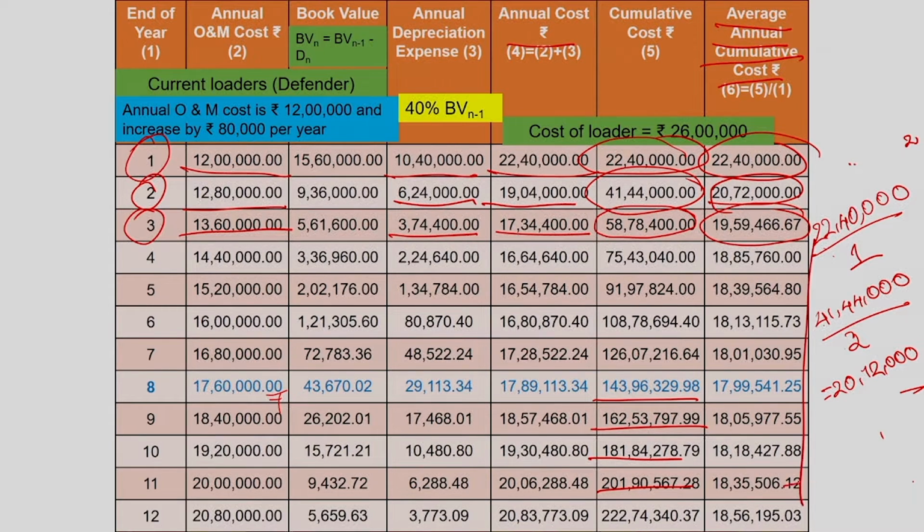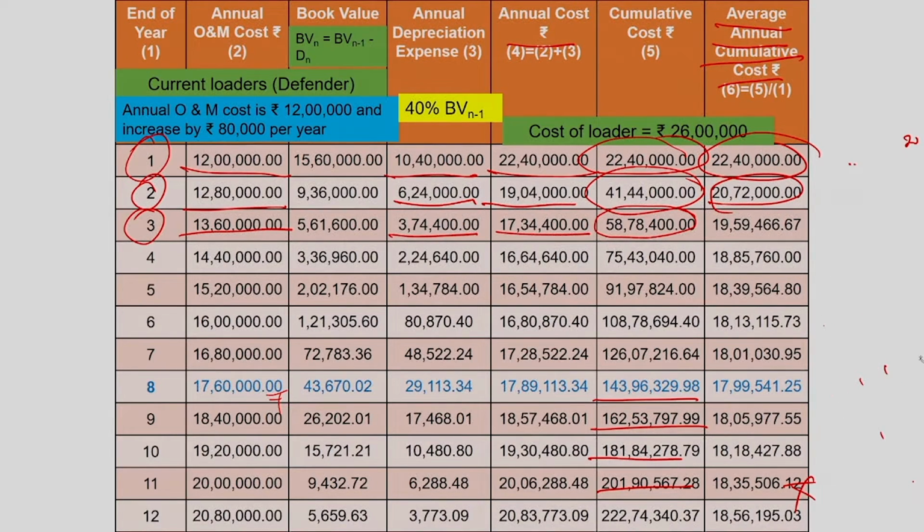So like that you keep calculating. As I told you, we are doing it on a cumulative basis. So if you are holding this Defender machine with you for 3 years, the average annual cumulative cost which you are going to incur for the past 3 years is 19 lakh 59,466.67. That is why we calculate on a cumulative basis, so that we can get a cumulative picture.